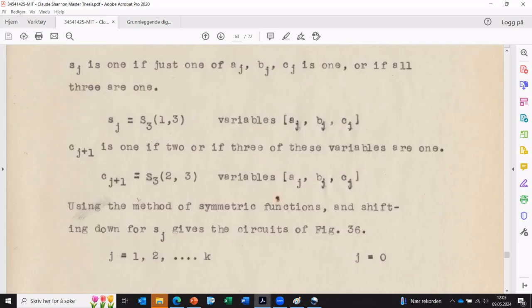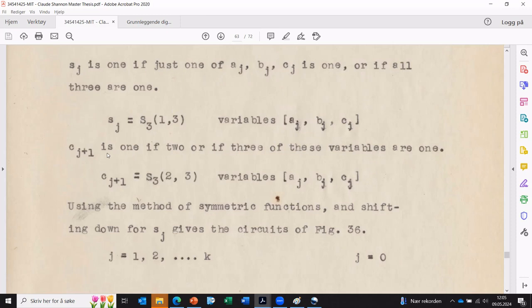To calculate the jth bit Sj, we need to take care of Aj, Bj, and also the carry. And we get the Sj if we have one of these equal to 1 or 3 of them equal to 1.